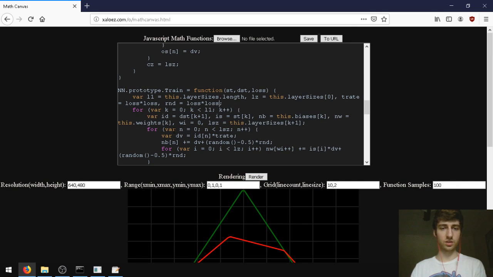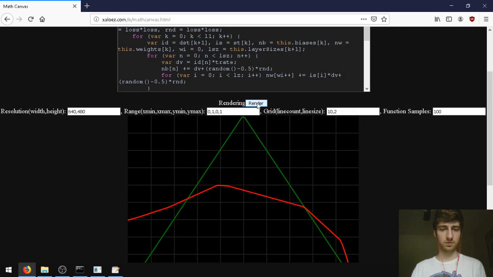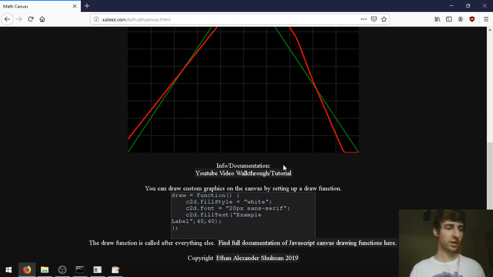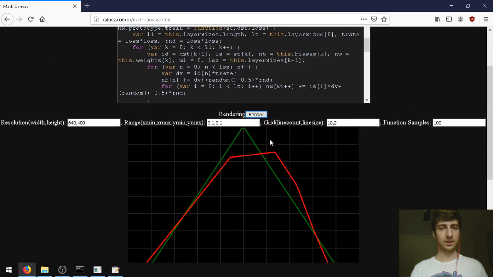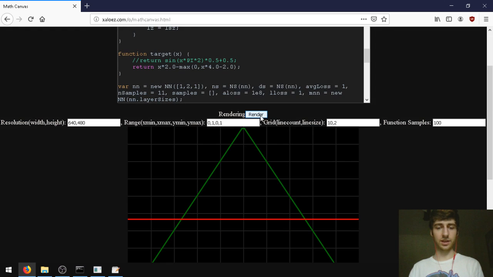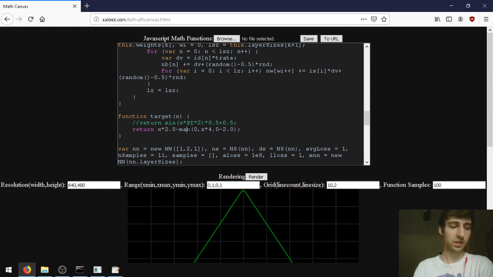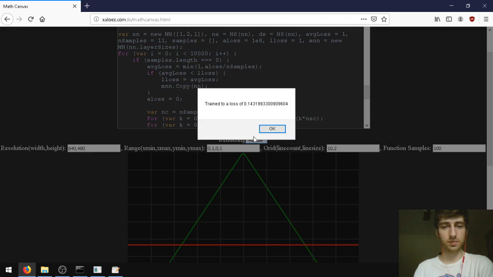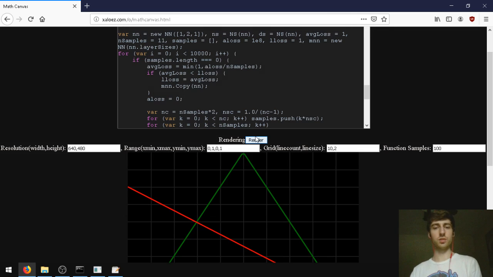You need just the right amount. Loss times loss right there seems pretty good. I still want to get it able to train though with 2 neurons. I know that the triangle wave is actually just 2 neurons right there. So I want to be able to get these 2 neurons to match it.